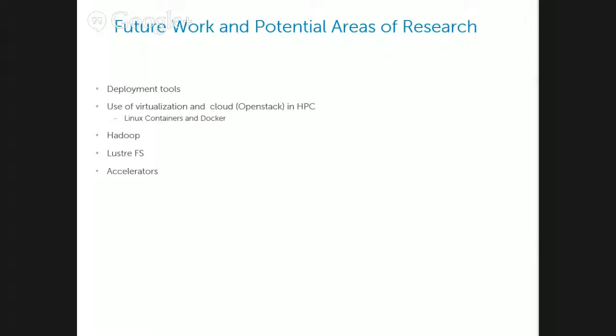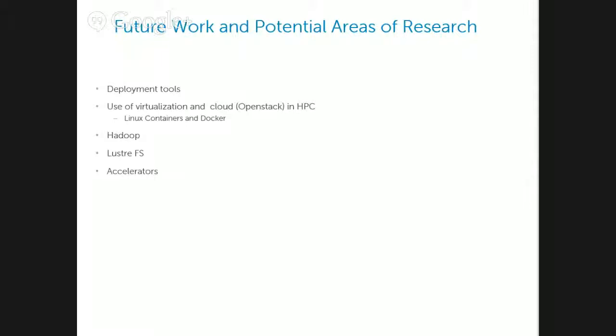And I think some of the MVAPICH SR-IOV work that's going on is very interesting in that area. That's why I was asking about Linux containers, because I think Linux containers remove that virtualization overhead but provide some of the benefits of virtualization. So that's an area that I think we can work on.